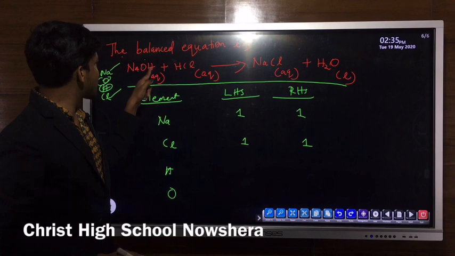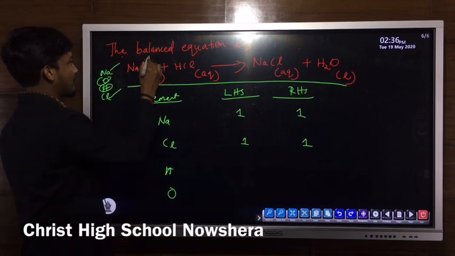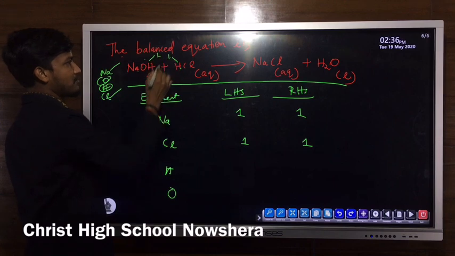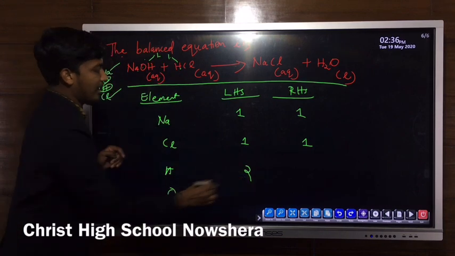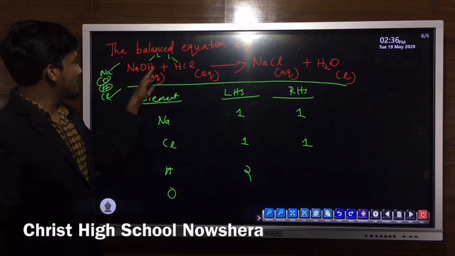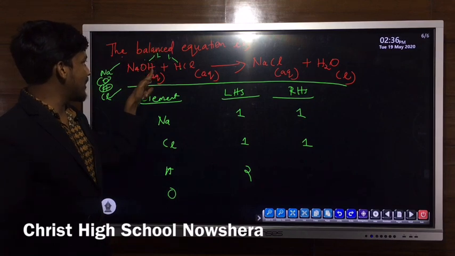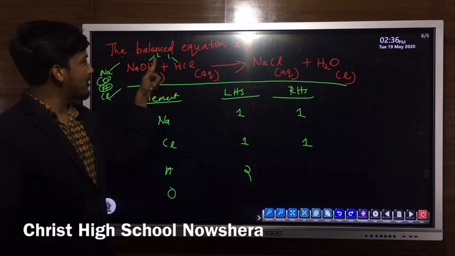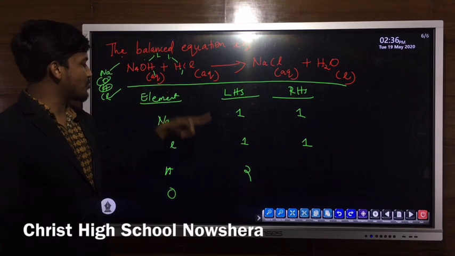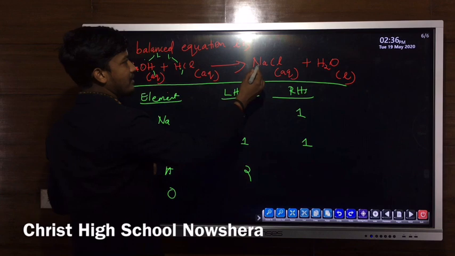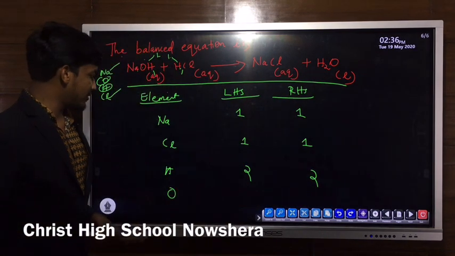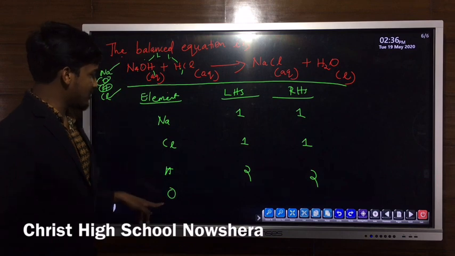Hydrogen: from NaOH, 1 hydrogen, and from HCl, 1 hydrogen. 1 plus 1, that is 2 hydrogen. On the right side, H2O has 2 hydrogen. Hydrogen is also equal, balanced. So no one needs to make changes.